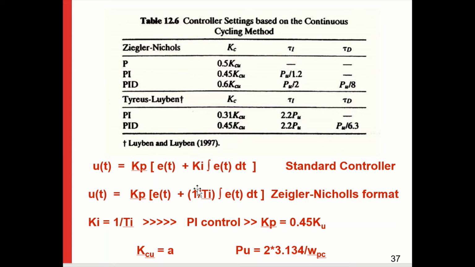There's a sort of complication here, not a very complicated one: they do it in time constant form, whereas this is done in pole form. So your Ti is Pu over 1.2, and Ki would be 1.2 over Pu. They sort of invert, and similarly here, Ki would be 1 over 2.2 Pu. So just bear that in mind for a little bit later.